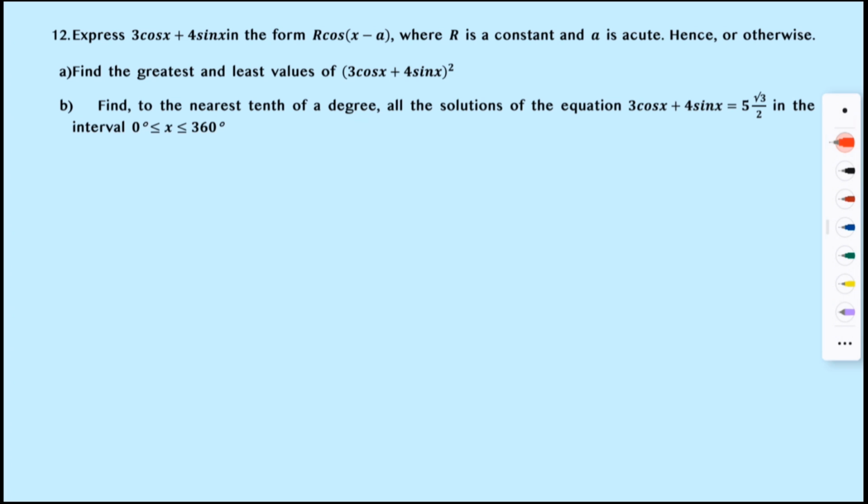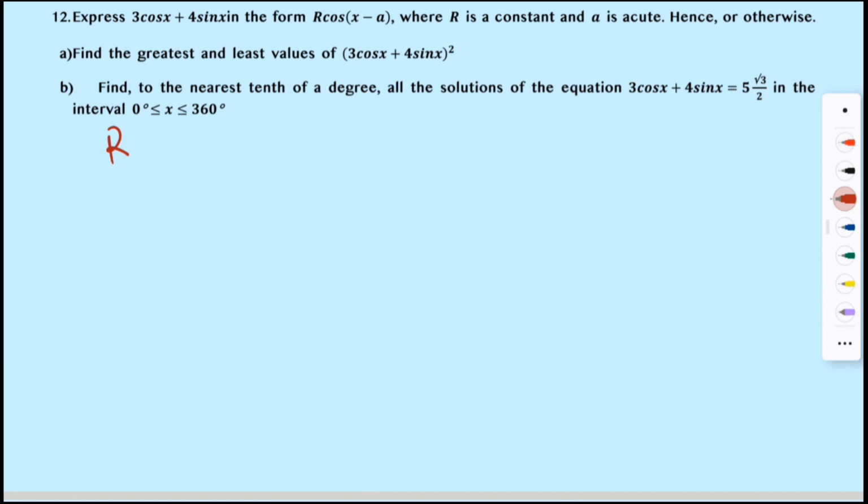Hence or otherwise, find the greatest and least values of 3 cos x plus 4 sin x all squared, and find the nearest tenth of a degree. All the solutions of the equation 3 cos x plus 4 sin x equal to 5 root 3 over 2 in the interval 0 degrees to 360 degrees.